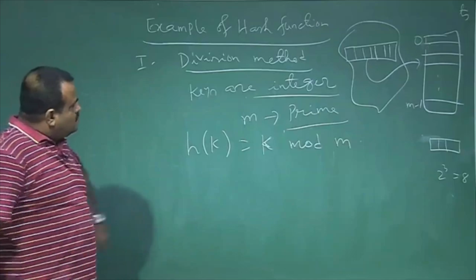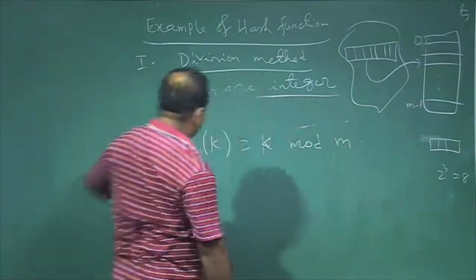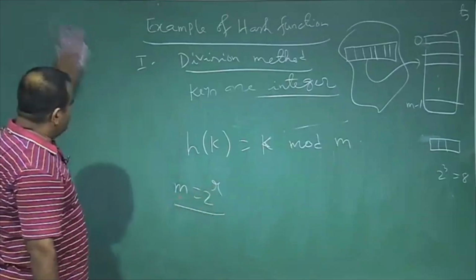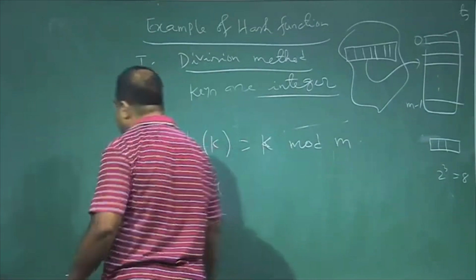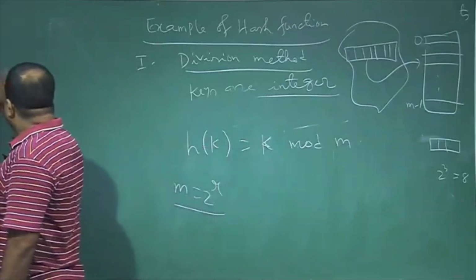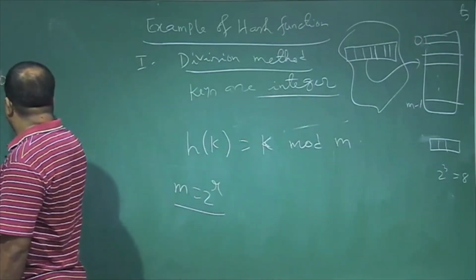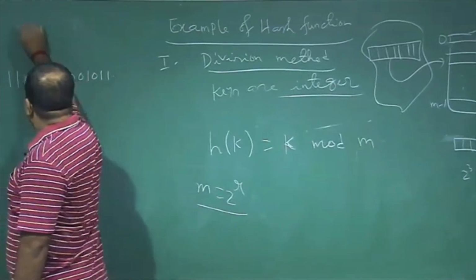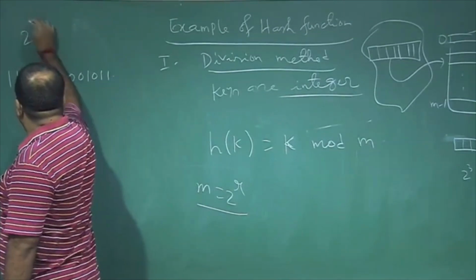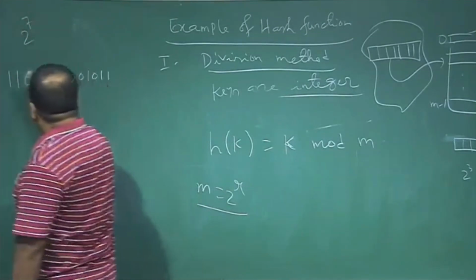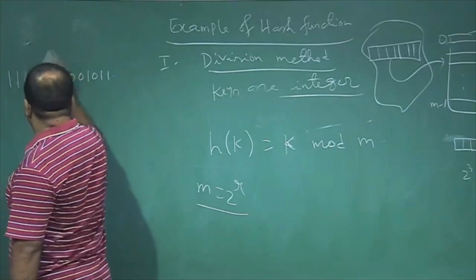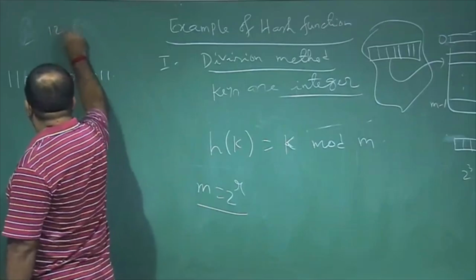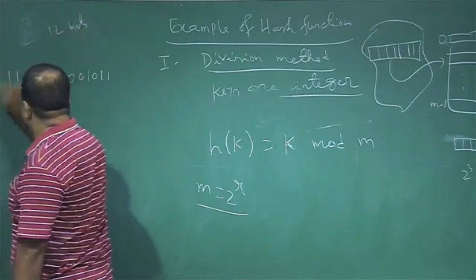Now, in this method, if we choose m equal to 2 to the power r, then there is a serious problem with this method. Suppose we have a key like 1 1 1 1 0 1 1 0, and suppose each key is 12 bits, so this is a particular key.